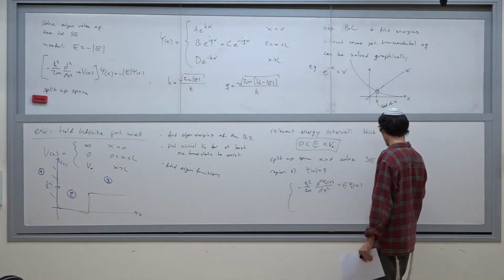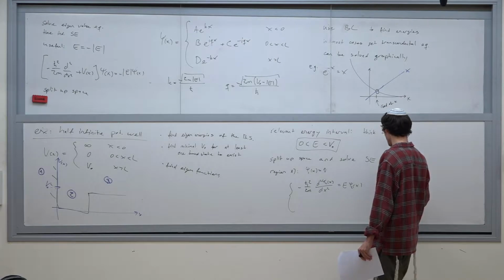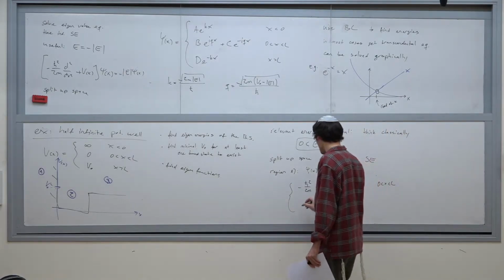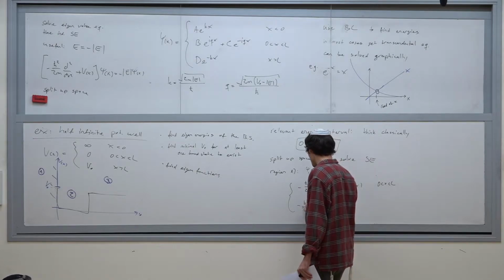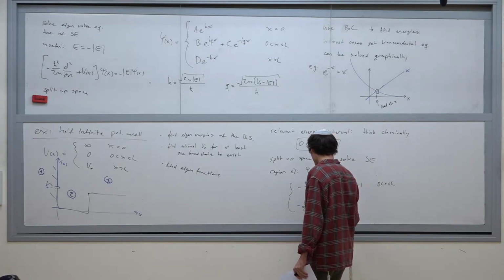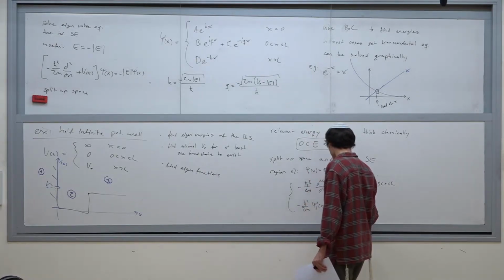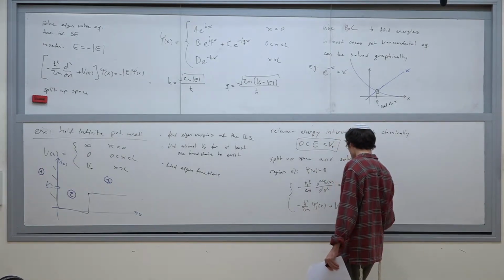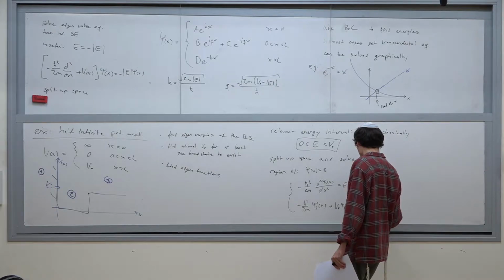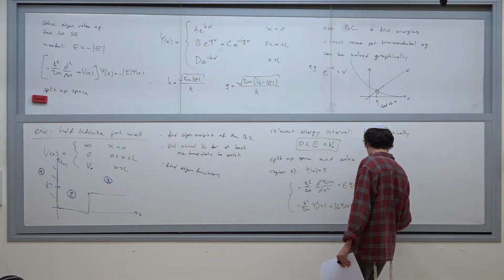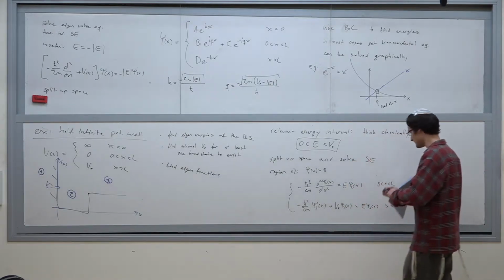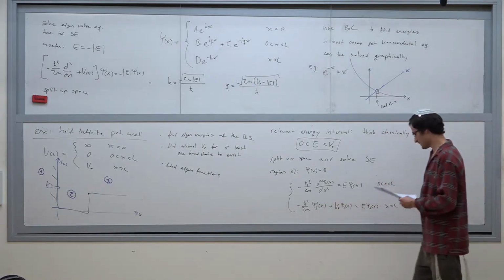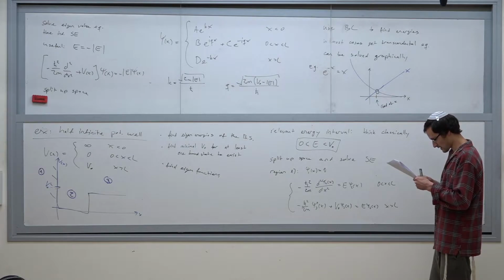In region 2, because the potential there is 0, there's just a kinetic term, and when x is larger than L, we also have the potential term, so with the kinetic term and the potential term for psi 3.